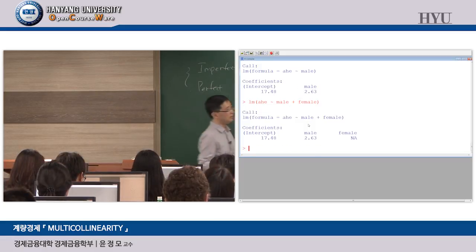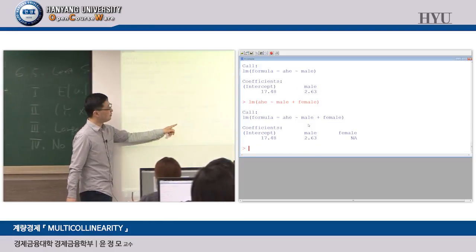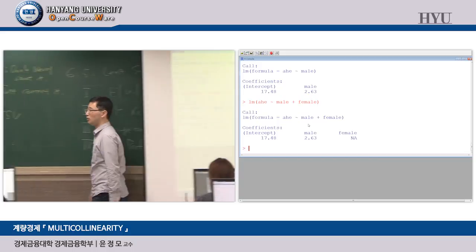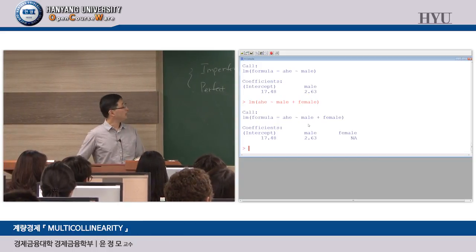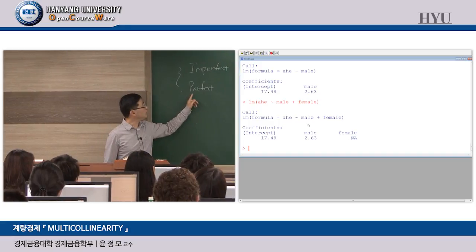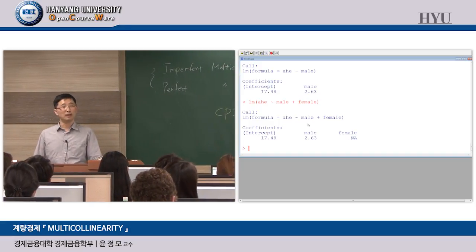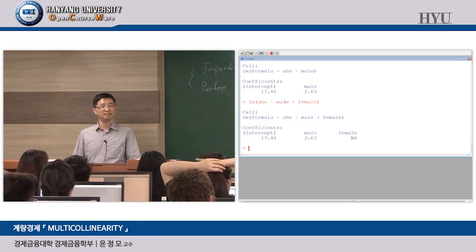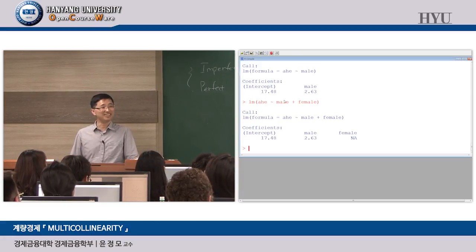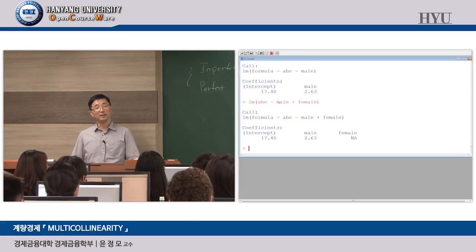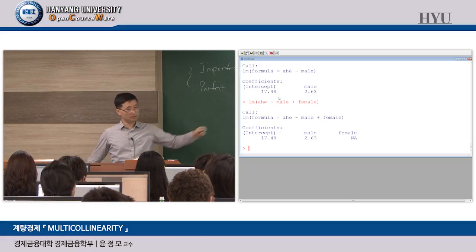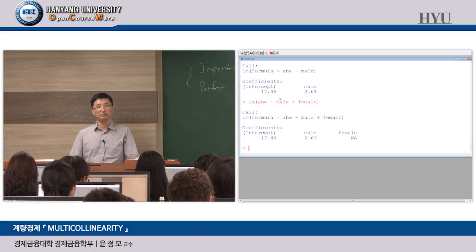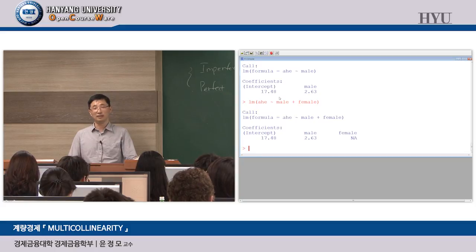Now we have a problem in the sense that the regression is incomplete. There's no coefficient for the female variable. And this is an example of the perfect multicollinearity. If you think about it, it's kind of a stupid regression, isn't it? So that's the attitude of the textbook. When you violate this fourth condition, no perfect multicollinearity, you simply fix it.